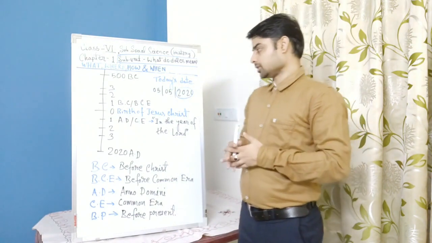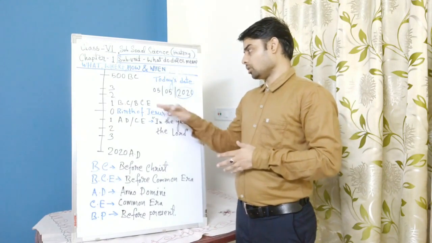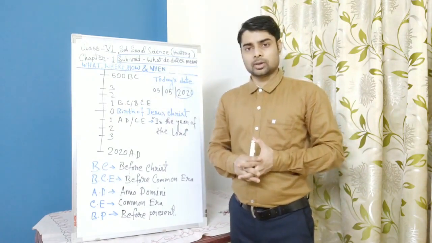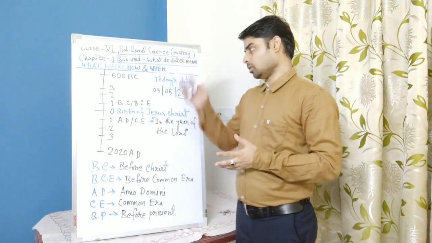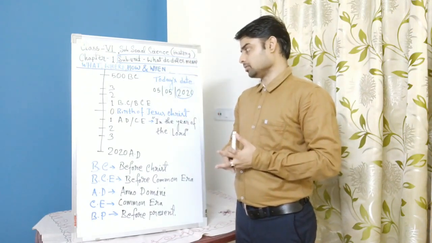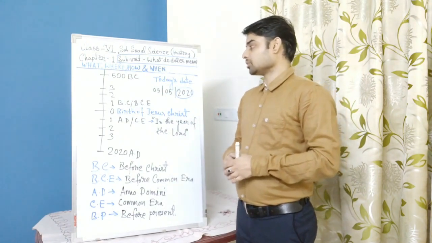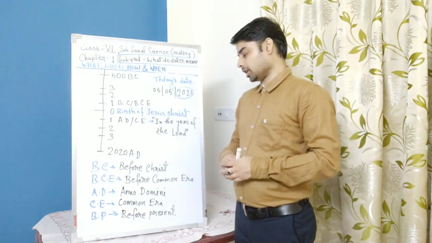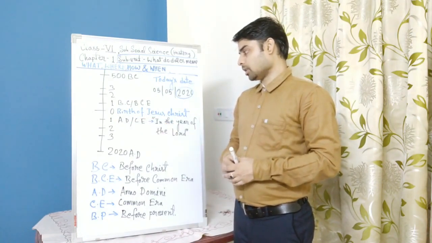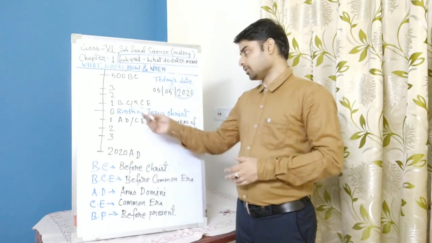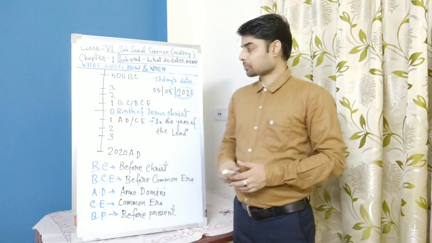Now those years that were backward of the birth of Jesus Christ, all these years on the backward side of the birth of Jesus Christ are denoted as BC or before Christ. Sometimes it's also called before Common Era, because we started Common Era from 0 AD, 1 AD. So before 1 AD, everything is denoted as before Common Era.